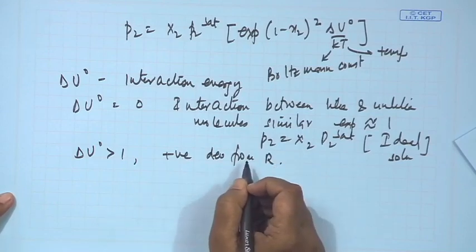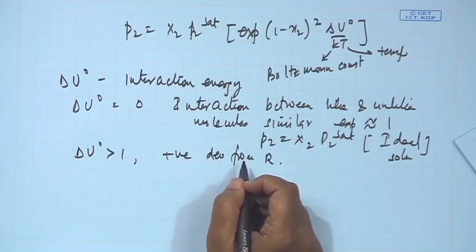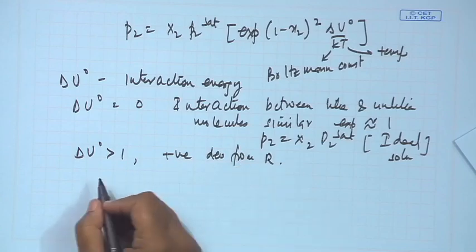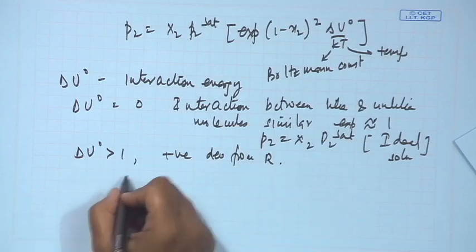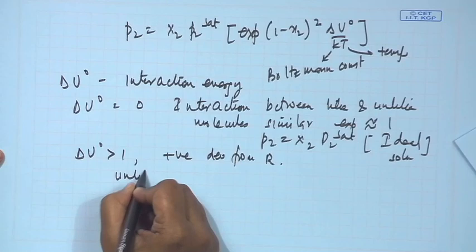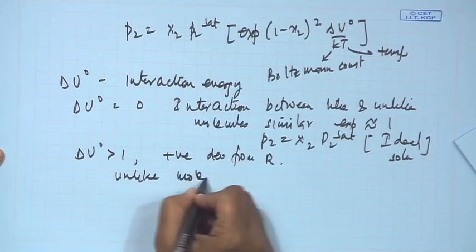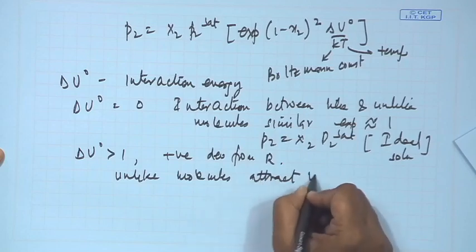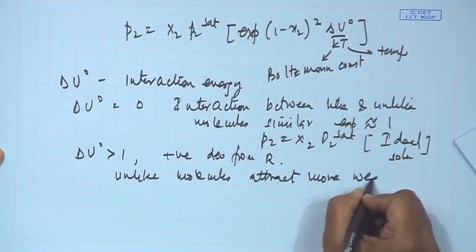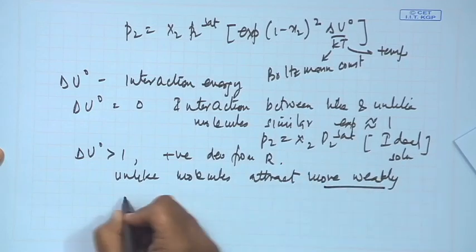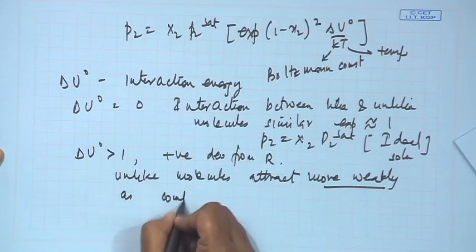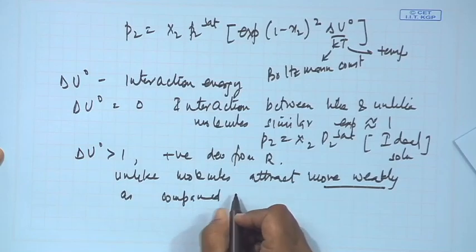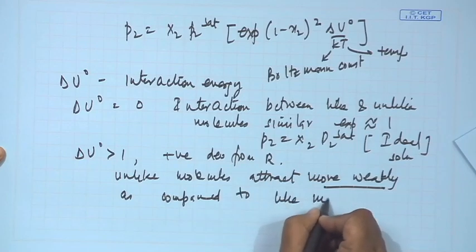And when does this happen? This positive deviation happens when unlike molecules attract more weakly as compared to like molecules, right.